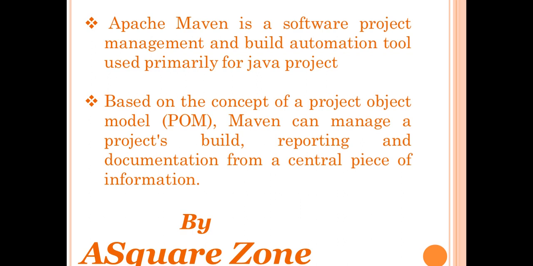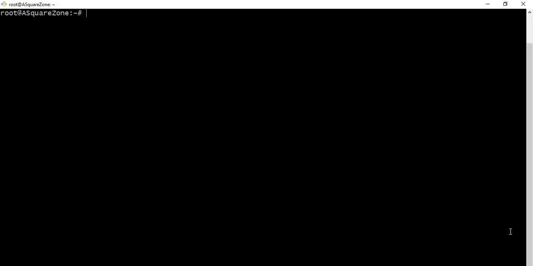I have created my Ubuntu instance here, and now I am going to install Java as a prerequisite for Maven installation. Now we'll check whether Java and Maven exist on this Ubuntu server. Using the java -version command, we can come to know whether Java is there or not.